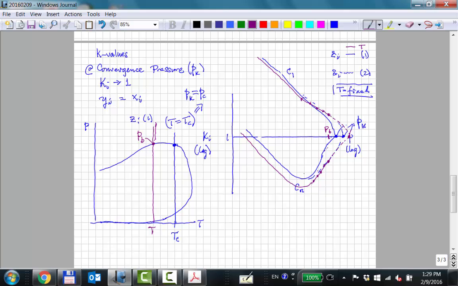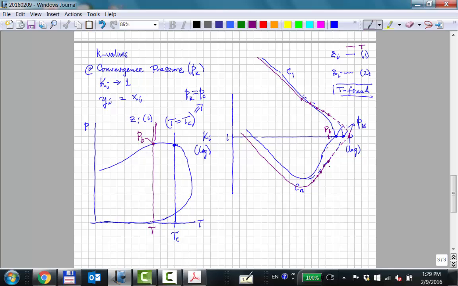Okay? Now, when people like Standing, who actually spent their 4 or 5 years doing a PhD, making measurements of the K values for petroleum systems, and they plotted them up, what they consistently saw was that all of these, for the 20, 30 components that they measured, all of those K values seemed to approach a convergence pressure.